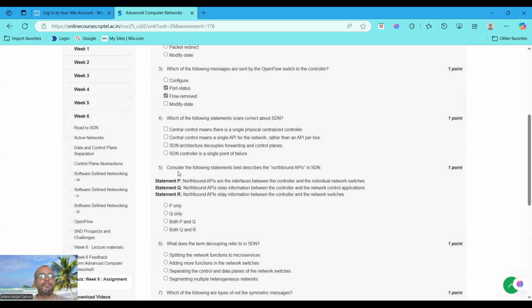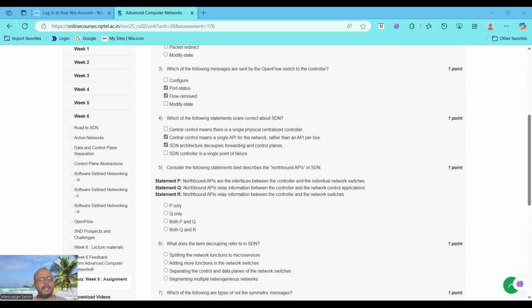Question number 4. Which of the following statements is or are correct about SDN? The most correct options are option B, central control means a single application programming interface for a network rather than an API for each box, and option C, the SDN architecture decouples the forwarding and control planes. Why do we choose B and C?